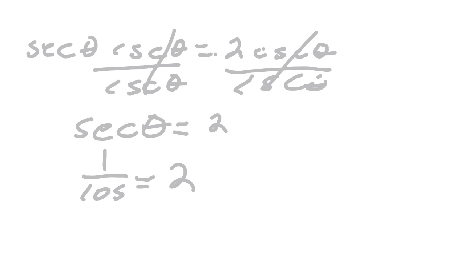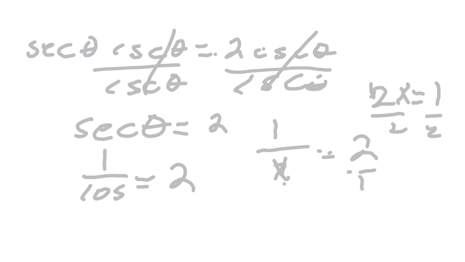Okay, so let's think about this. 1 over what would give you 2? Okay, well, what would that value have to be? Well, there's a couple ways you could figure this out. You could put an x there and cross multiply. So that would be 2x equals 1. And then divide both sides by 2. So x would have to be 1/2.